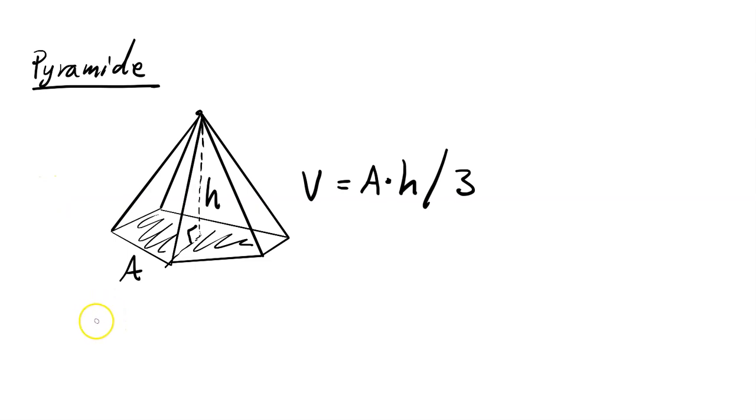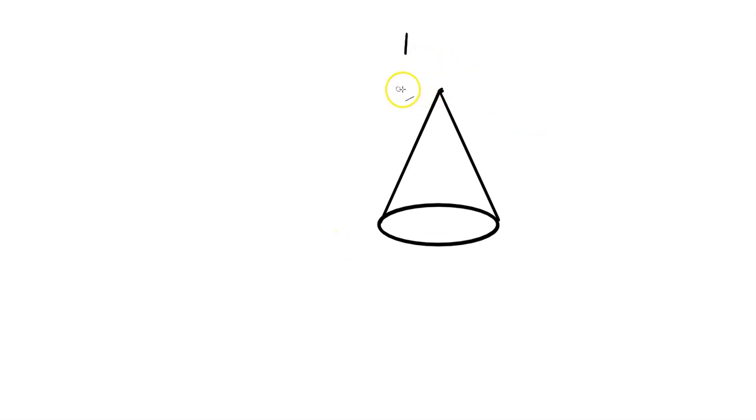Similar to a pyramid, we have a cone. Instead of a polygon, we have a circle and a point outside the plane of the circle. Then we connect the circle to this point, similar to a pyramid, and we have a cone. So here we have the height of the cone, and the radius. How can you form this figure? You could make it by taking a part of a circle.